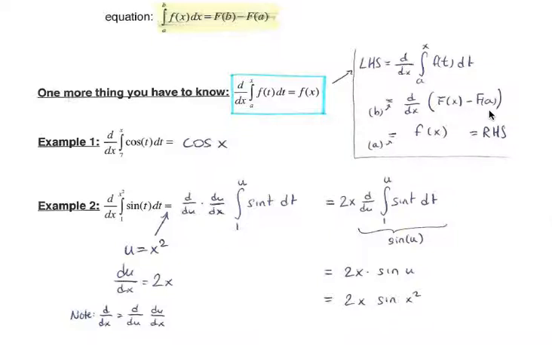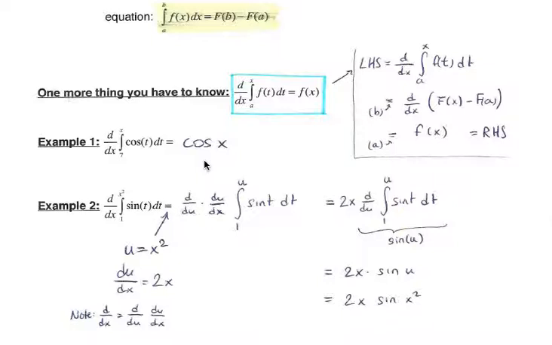And when I take the derivative of that, the derivative of capital F is f of x minus the derivative of a constant, which is 0. So I'm simply left with f of x, and that's indeed what I have on the right-hand side of the equality here.